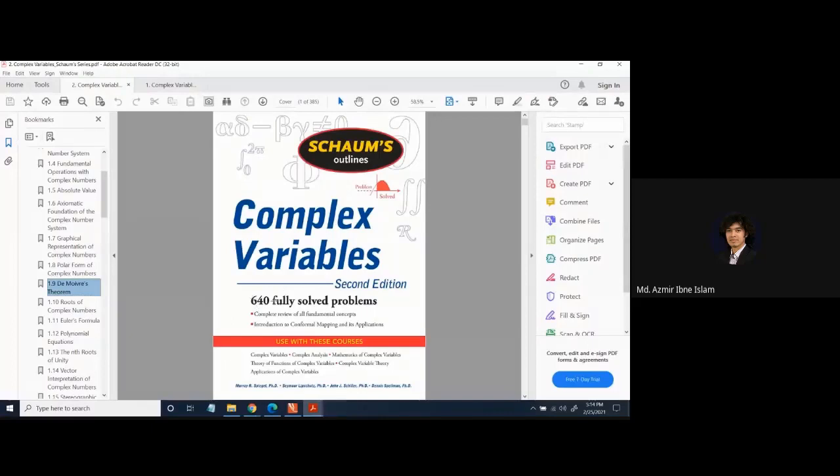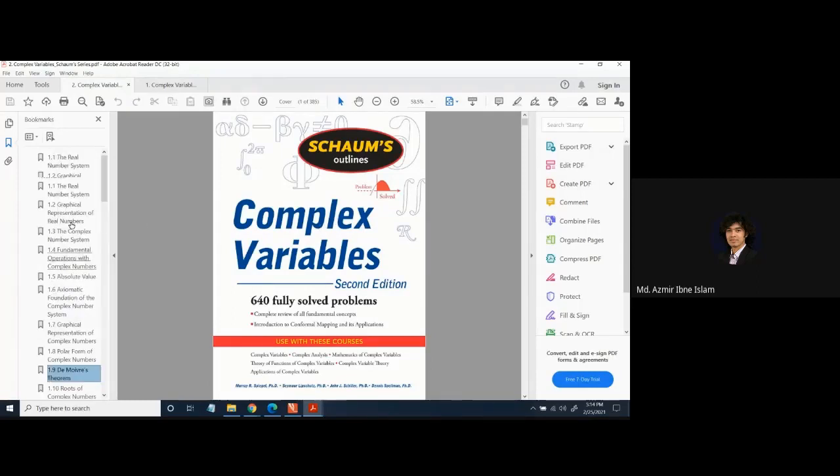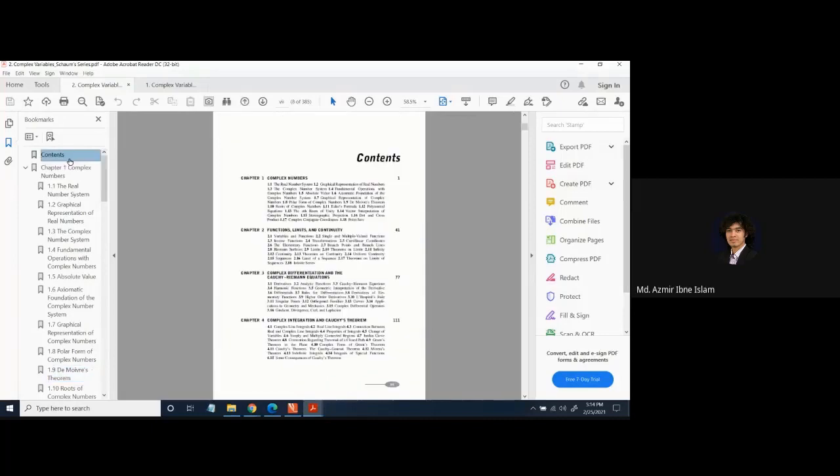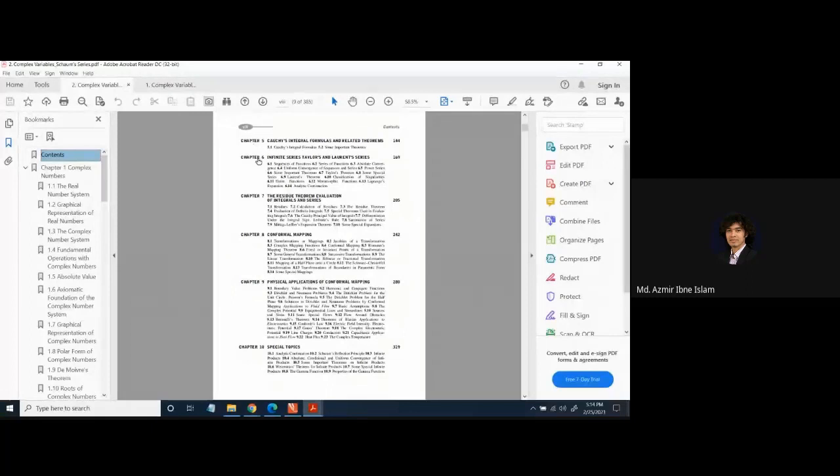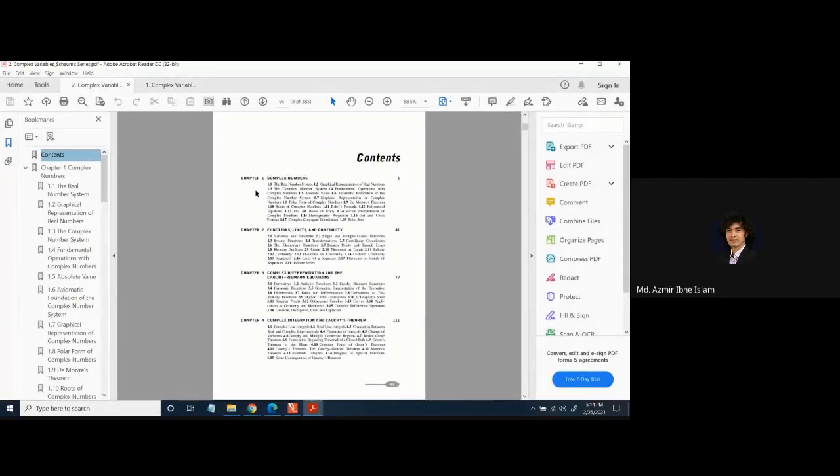You can easily understand that in this book 640 fully solved problems are here, so this one is also helpful. So if we try to have a look on the contents, here we have chapter 1, 2, 3, 4, 5, 6, and 7. So chapter 1 to 7 are included in the syllabus.